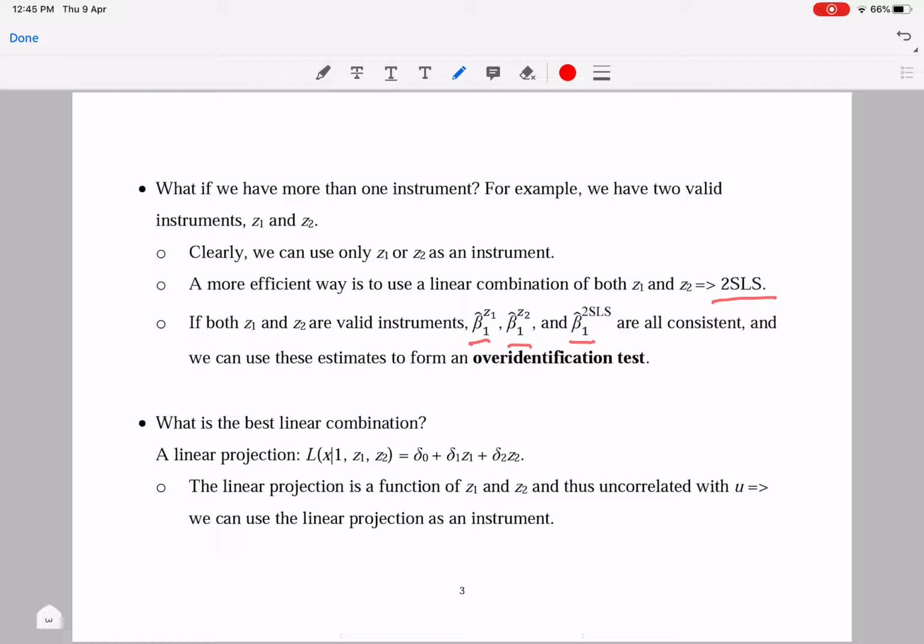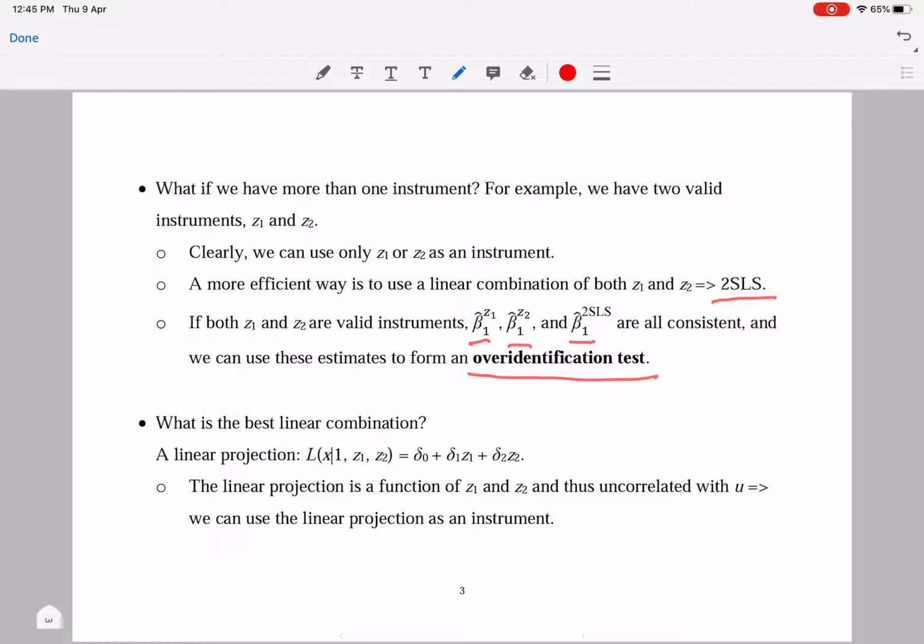So in principle, these estimates from the three different estimators should be the same. And in fact, we can test whether they are indeed the same. If we cannot reject that they are different, then we can say that both z1 and z2 are indeed valid instruments. And that's something we call the over-identification test.